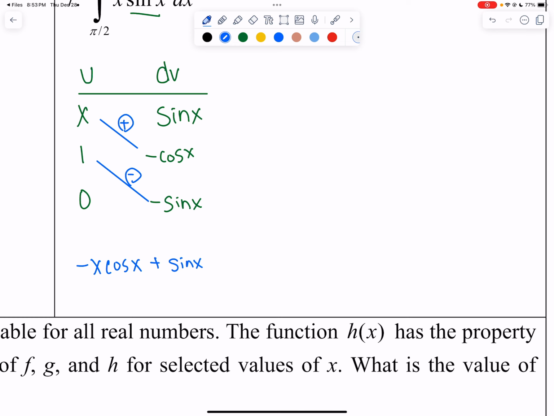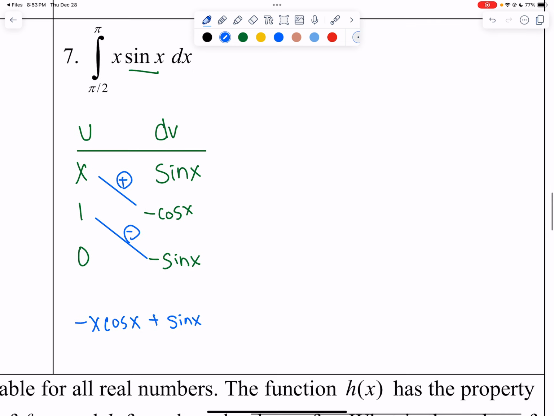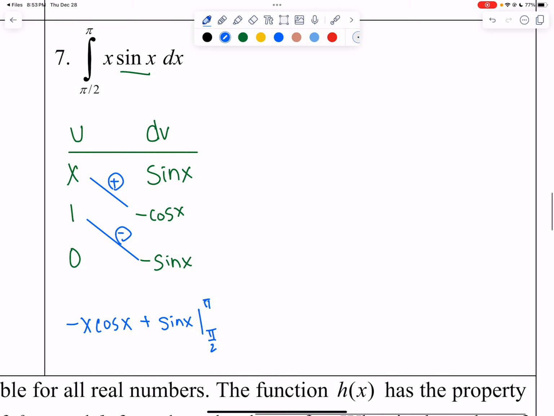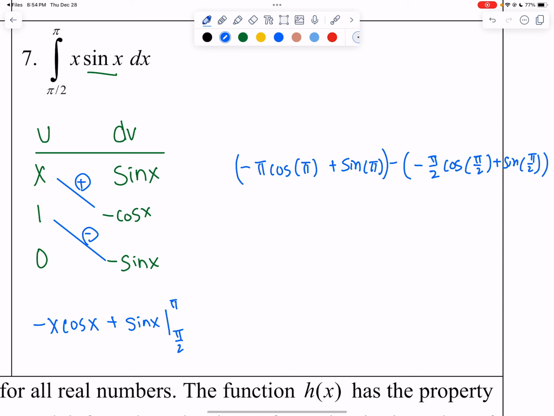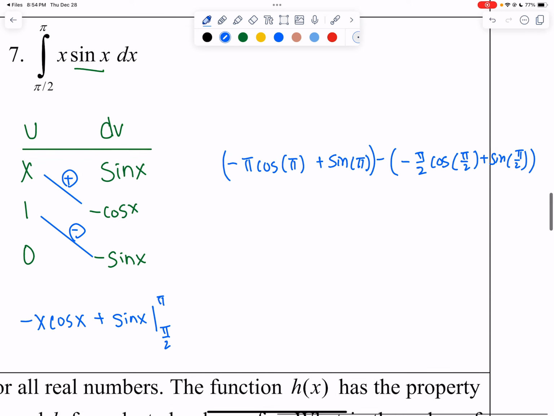Now, this is a definite integral from pi over 2 to pi. So we're still evaluating. We have negative pi cosine of pi plus sine of pi minus negative pi over 2 cosine pi over 2 plus sine pi over 2. If you want to leave it like that, you can.